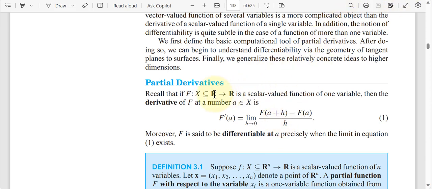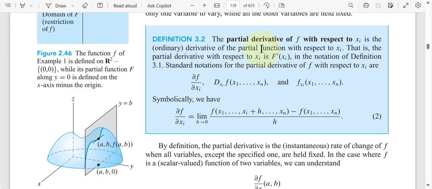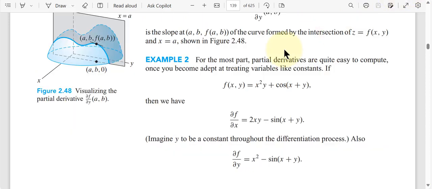This is just the standard function from R to R, so it's a very simple function with just one input and one output. Then they go through a slightly different way of defining partial derivatives, but I'm not going to go through any of that. I'm just going to assume that you have seen it before, but I will review what it looks like.